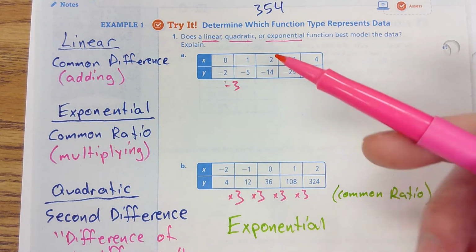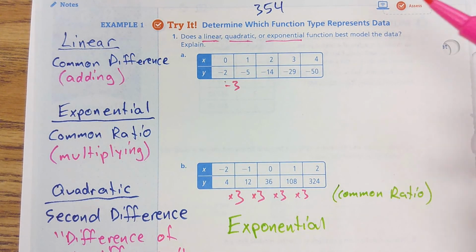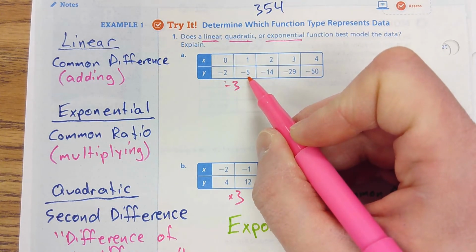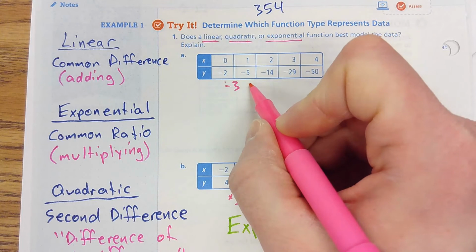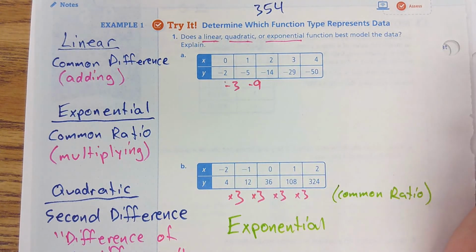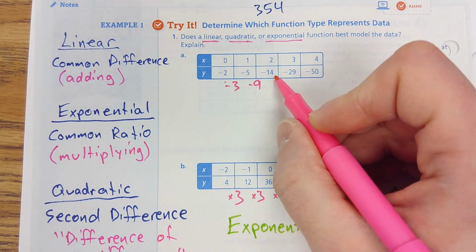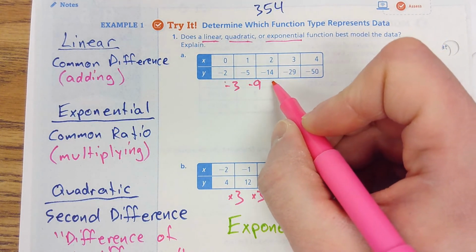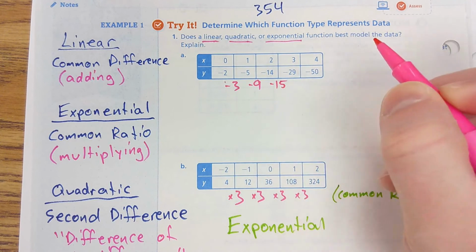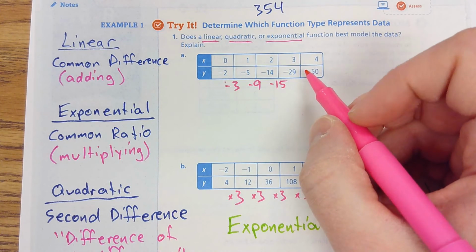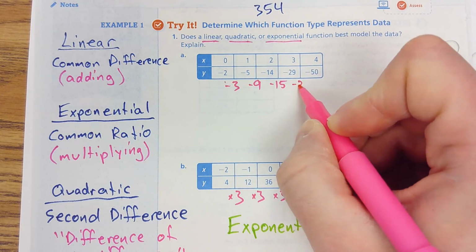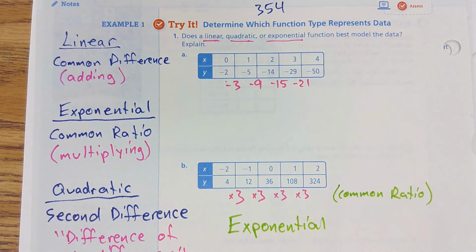And we could also test and see that we're not multiplying by the same value either. So look at this difference, -5 to -14, we have subtracted 9. From -14 to -29, we have subtracted 15. And from -29 to -50, we have subtracted 21.